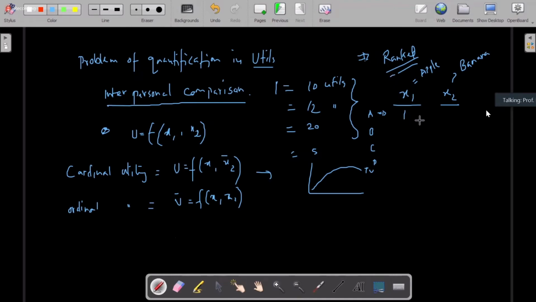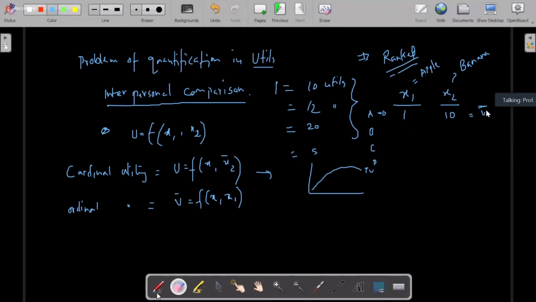Either we can eat one apple and suppose 10 pieces of banana. Let's suppose, it is not possible, but let's suppose. Then this will give you U constant, u bar. It is not one or two, it is just the same utility or same level of satisfaction.